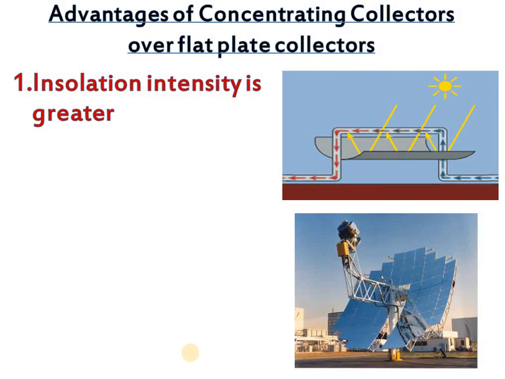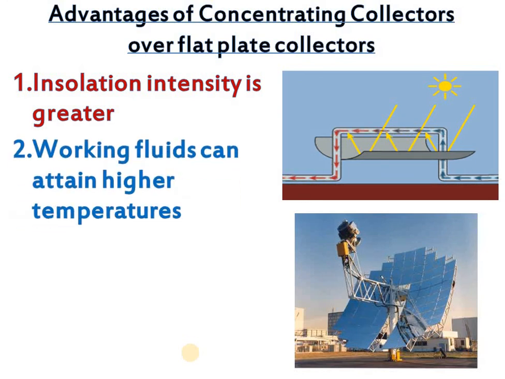These are all important topics which may be asked in an examination. So first, insolation intensity is very high, because sunlight gets focused to a small area. In a flat plate we are not focusing, so intensity is very low. But here we are focusing the radiation to a small area, so solar radiation intensity is very high.